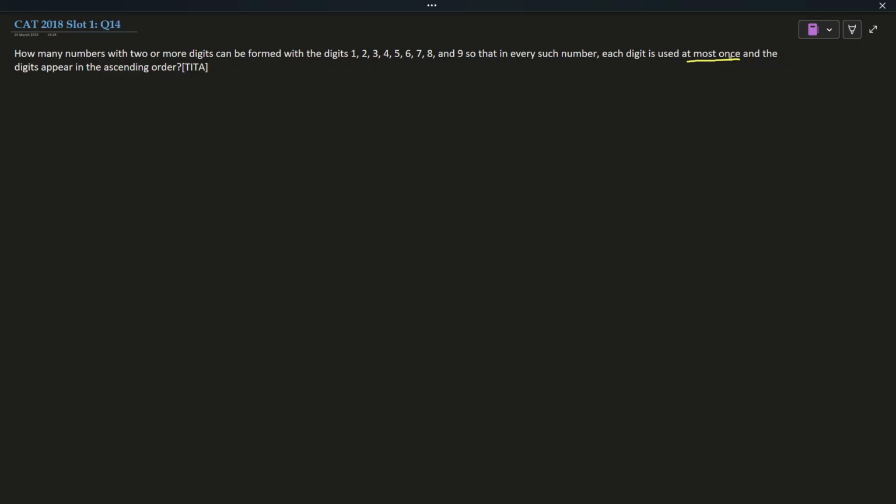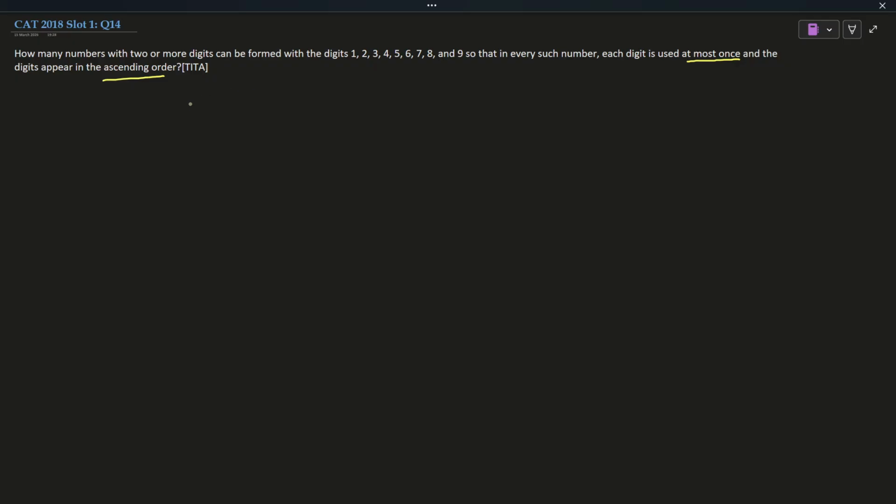You may have the option to not use some digits as well, but if you use a digit, you can only use it once, and the digits appear in ascending order, okay?